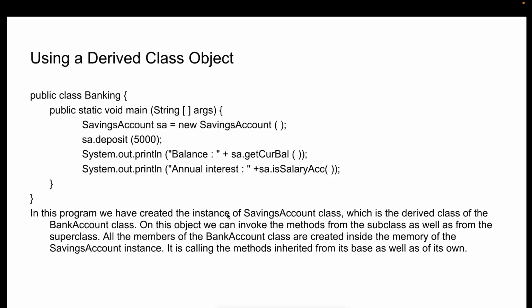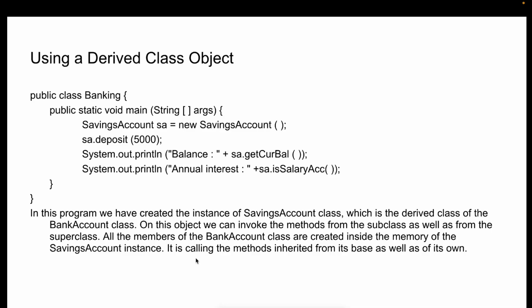So in this program we have created the instance of the savings bank account class. Instance means an object of the savings bank account class, which is the derived class of the bank account class. On this object we can invoke the methods from the subclass as well as from the superclass. All the members of the bank account class are created inside the memory of the savings account instance.